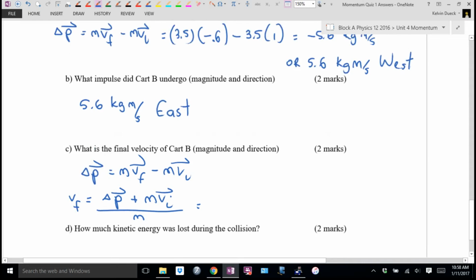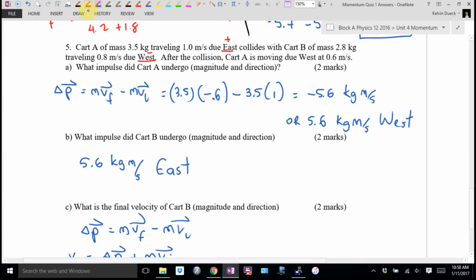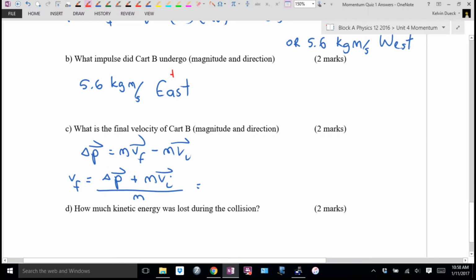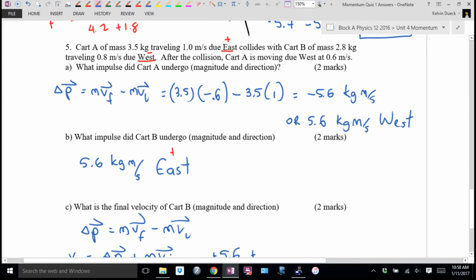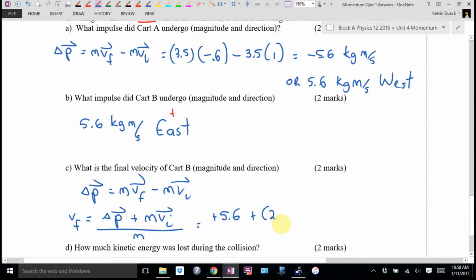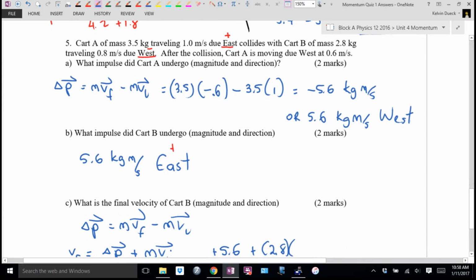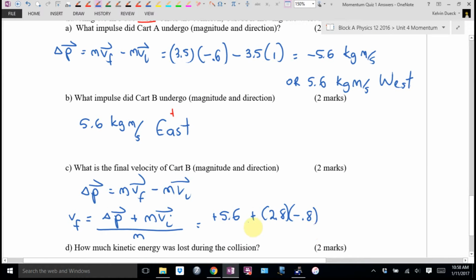Now, I let east be positive. Okay, so I have positive 5.6 plus, what was the mass of car B? 2.8. What was the initial velocity of car B? West, negative 0.8, divided by 2.8.